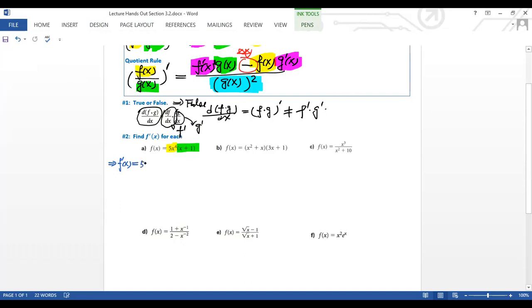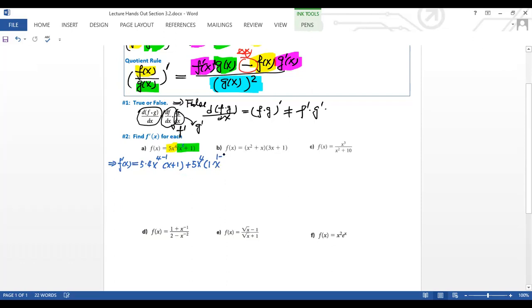So that is 5 times 4 times x to the 4 minus 1, holding the second one, x plus 1, holding g(x). Then plus, hold the first one, then take the derivative of this one. This is x to the first power, so x to the 1 minus 1 is zero power, which is 1.